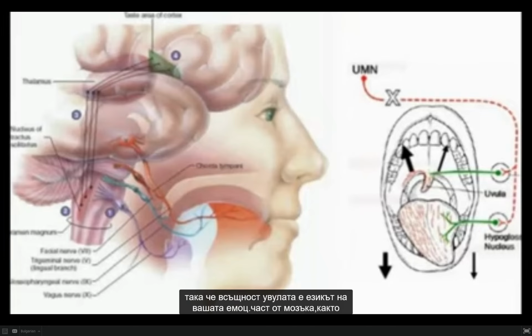So actually the uvula is the tongue of your emotional part of the brain, as Mr. Kesh explained. And your real physical tongue is the sensitive organ for your physical part of the brain. With your physical tongue, you accept information which is more on the matter level for the physical part, and with your small tongue you accept the sense for your emotional part.